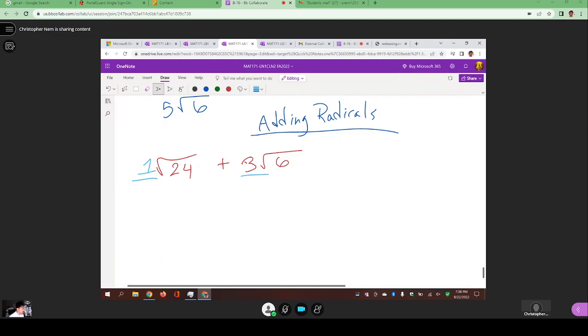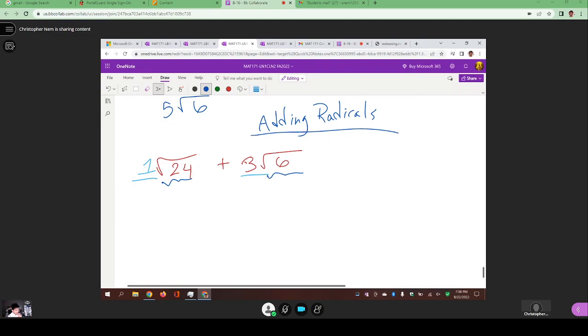They are not like terms. Remember, like terms, in general, means that your factors have to be completely the same. Factors slash variables. And I use a slash because in this case, it's going to be our factors. Is square root 24 the exact same as square root 6? No. So we cannot combine these.